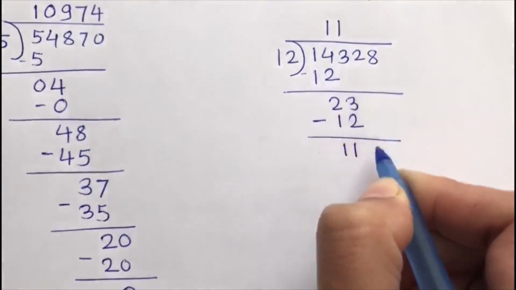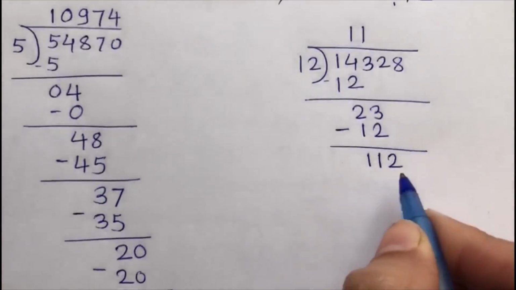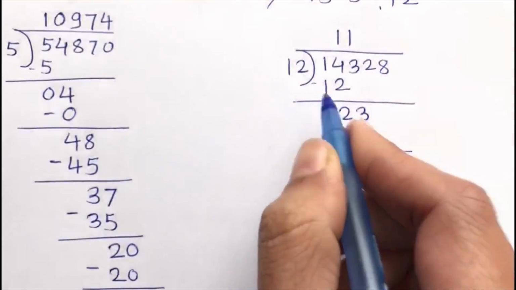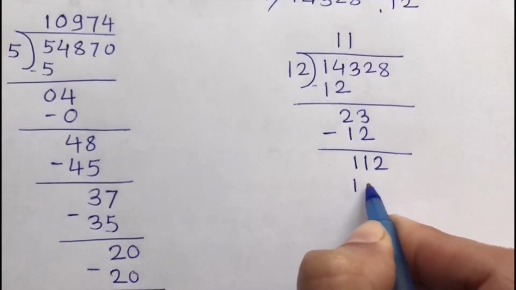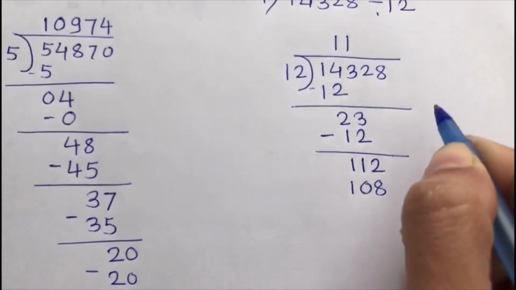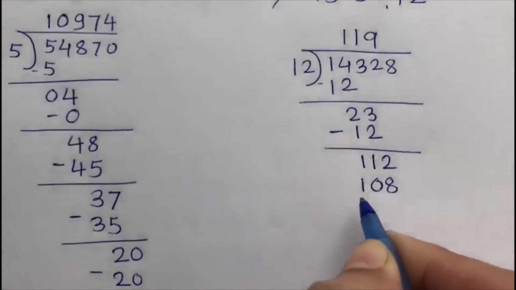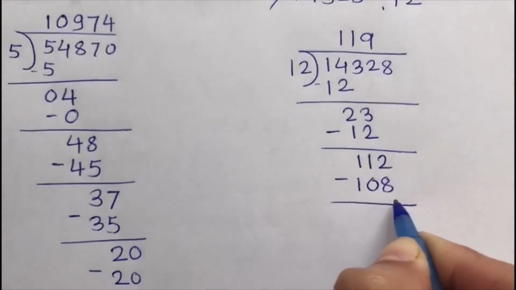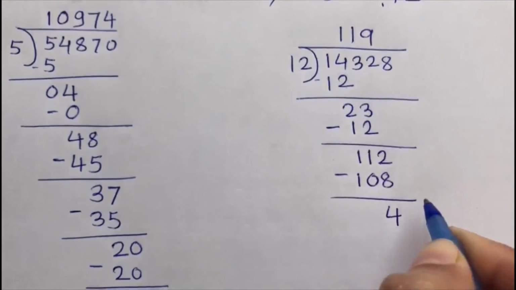Now take the next digit down, which is 2, so the number becomes 112, and in the multiplication table there is no 112, there is 108. So I write here 9 because 12 times 9 is 108. When we subtract 108 from 112 we get 4.